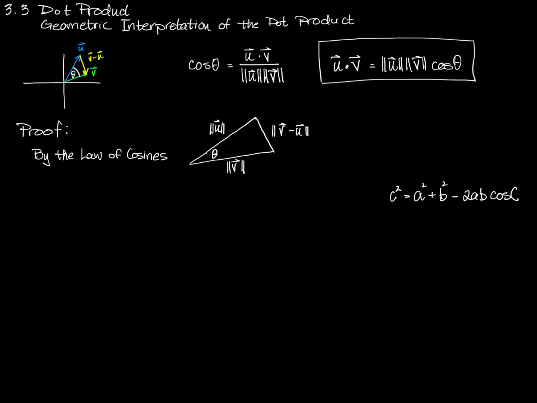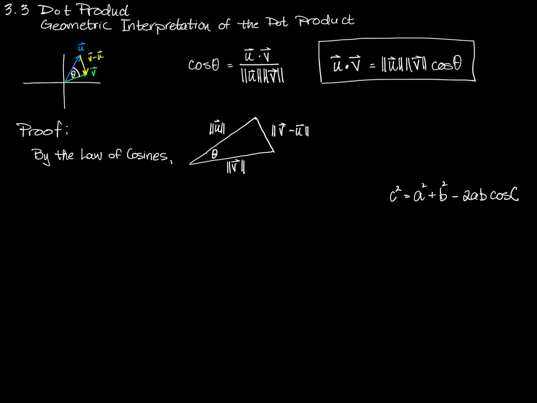But now I'm going to use that formula to write out the relationship between the pieces that I have here. Note that theta is my angle, angle C in the equation here. The side opposite that is this v minus u vector's magnitude. The length of the side is the length of the vector v minus u, and the lengths of the other two sides are the magnitudes of u and v, respectively.